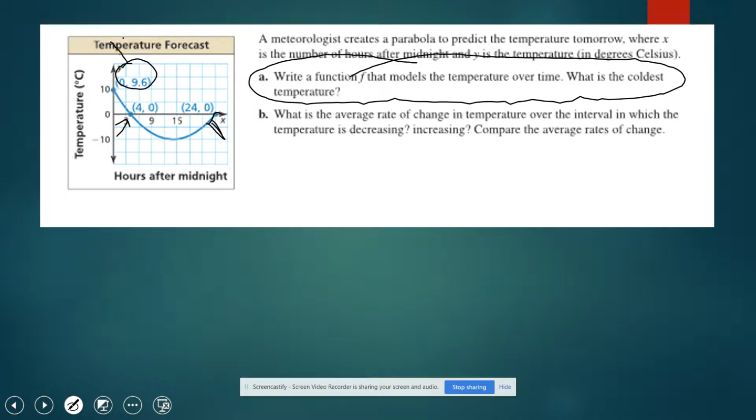So they gave us an x and a y in this ordered pair here. And then down here, they gave us P and Q. The x-intercepts, remember in intercept form, are P and Q. It does not matter which one is P or which one is Q. So filling it into our formula, we have x minus P times x minus Q.